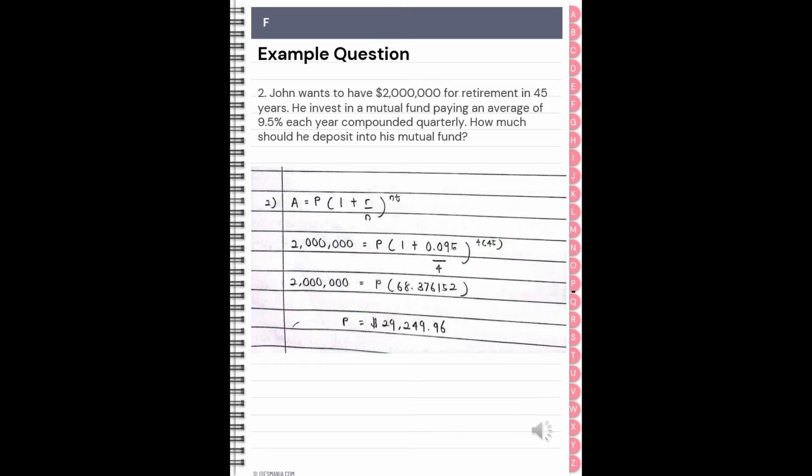So P is 2 million divided by 68.376152, which equals 29,249 and 96 cents. So if he invests about 29,000, let's round it, then in 45 years he should have 2 million in his retirement.